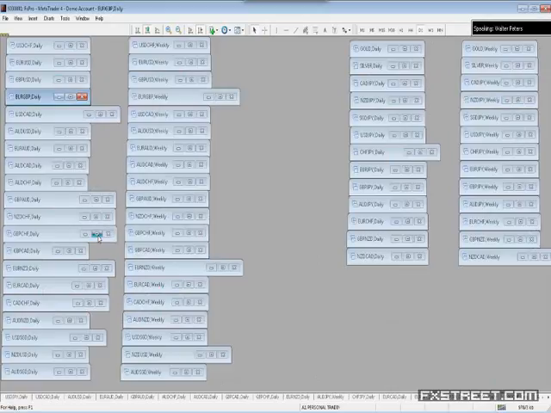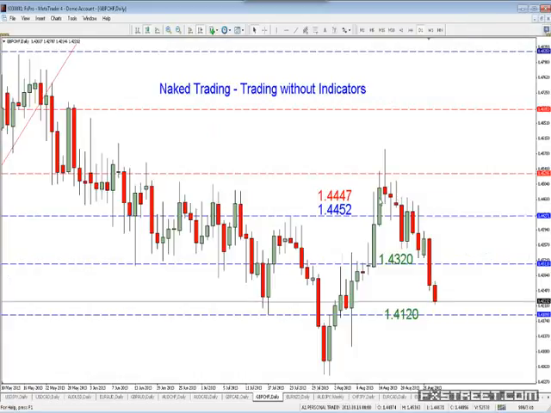In the case of the pound Swiss, this was a kangaroo tail here that triggered. The original stop was up here above the high. It's this candle right here. I moved it to break even. Once it got really, really close this week to our target down here at 43.20, and it started to pull back, I decided to move my stop to 44.47, just to make sure that it didn't get stopped out.